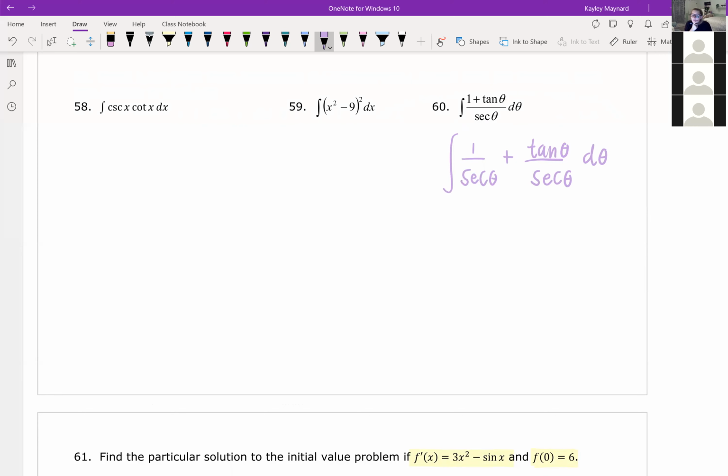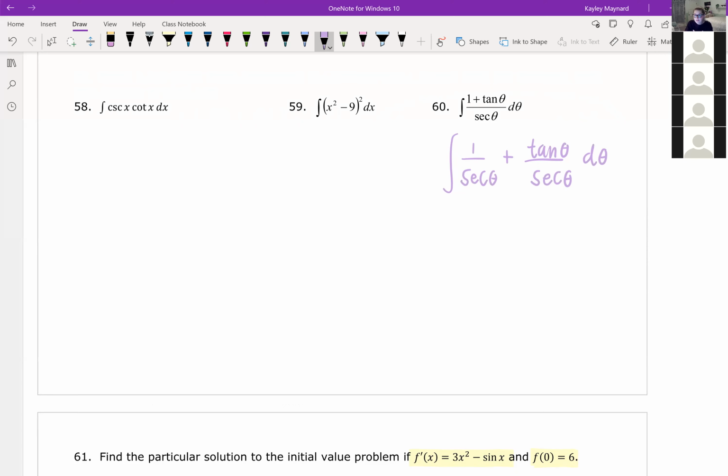And does anyone know what 1 over secant is? It should be cosine. So this should be no worries. I'm rusty on my trig identities. So this should be cosine.